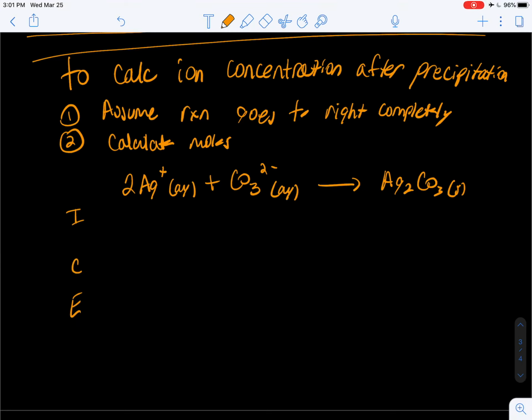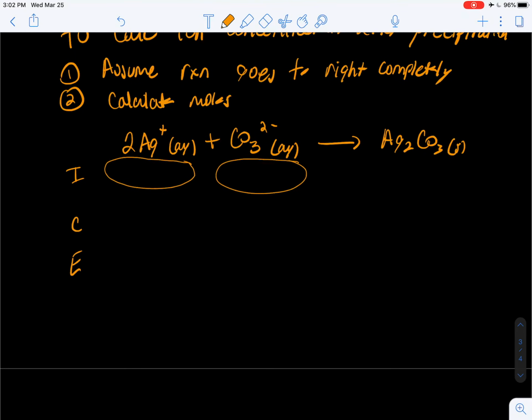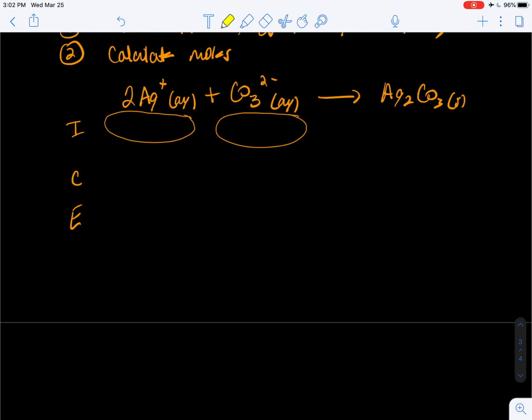Okay, and what we want to plug in here is the initial moles of substances here in the material. So what we do is we calculate moles of our starting ions.